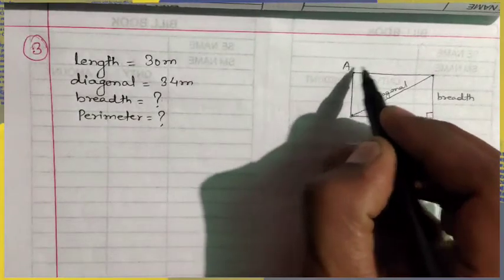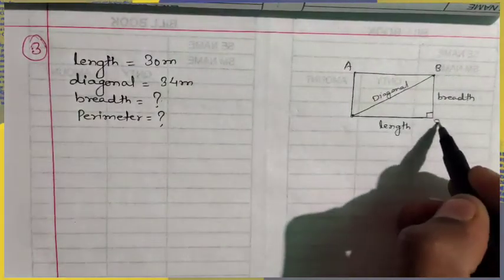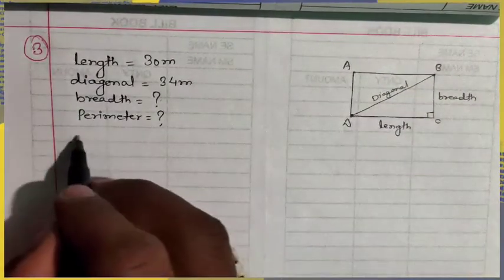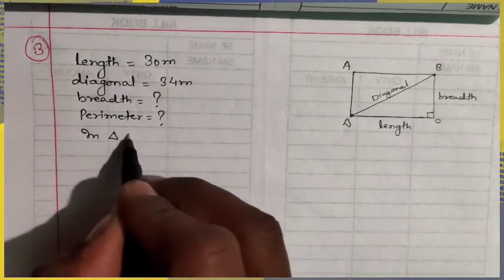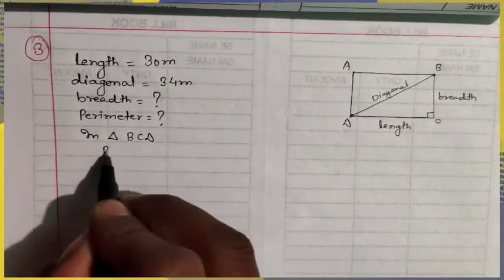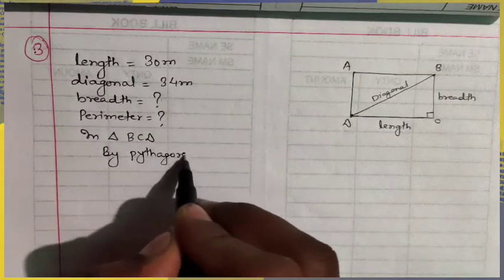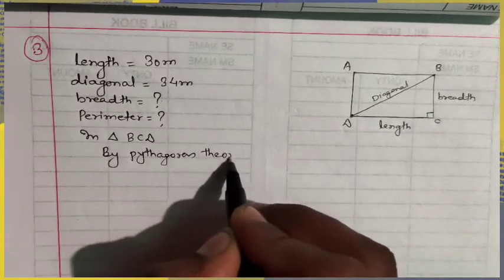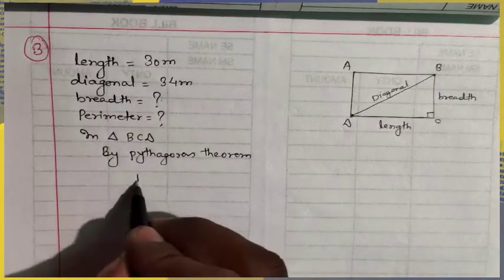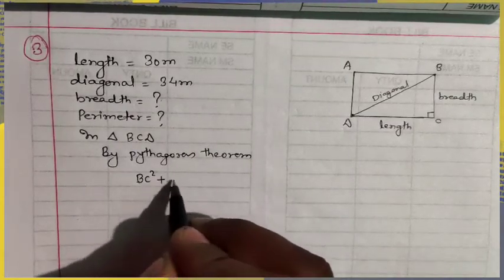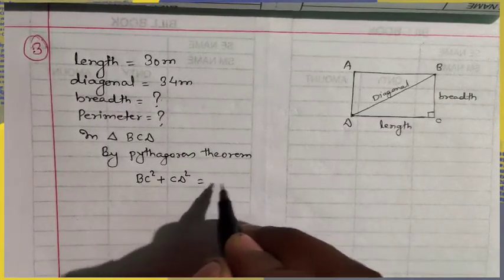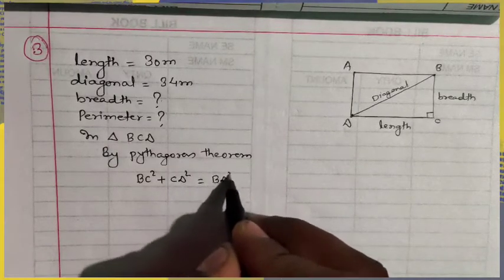Let us name the rectangle ABCD, and we will write in triangle BCD, by Pythagoras theorem, perpendicular, that is BC square, plus base, that is CD square, will be equal to hypotenuse square, BD square.